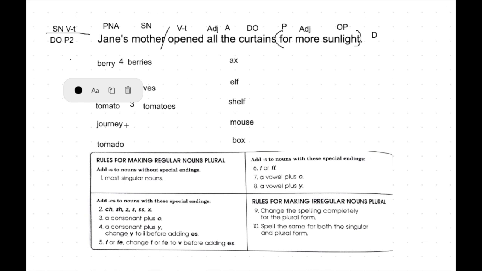Tomatoes. Journey. You should notice that it ends with an EY. So a vowel plus a Y, that means it follows rule number 8. Right down here. And that means that we need to just add an S. So it's journeys with an S at the end.